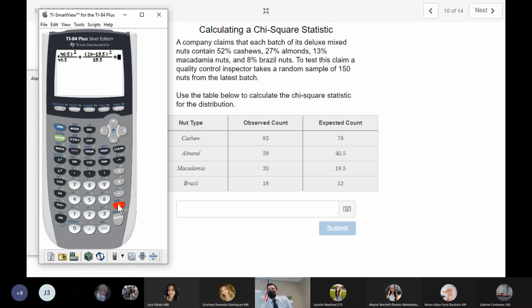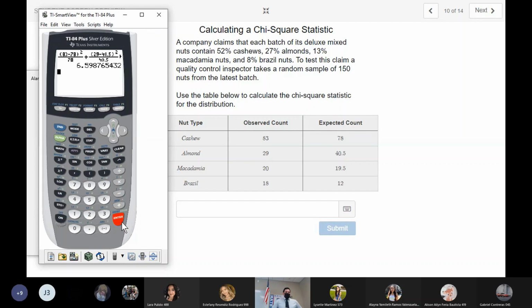And we get our last term. All right, and we get 6.59876, and a big old decimal.